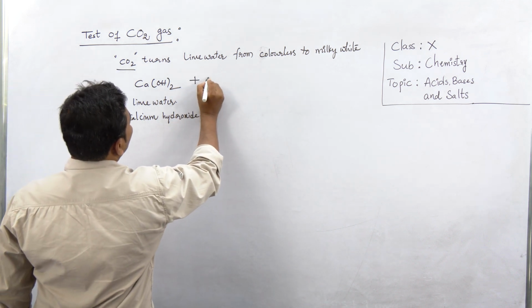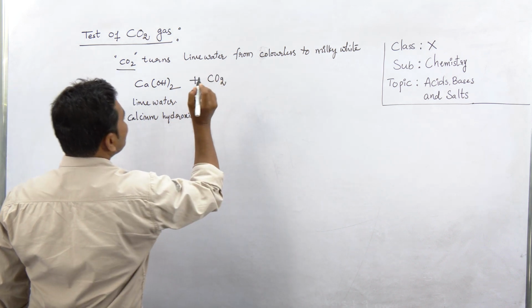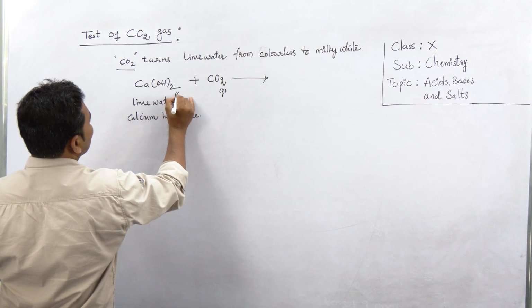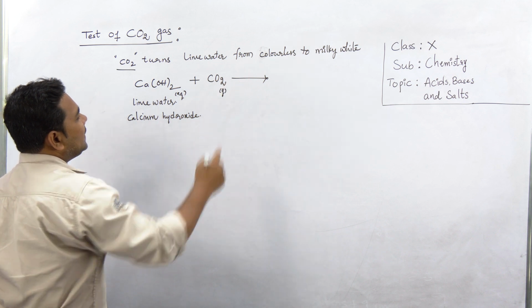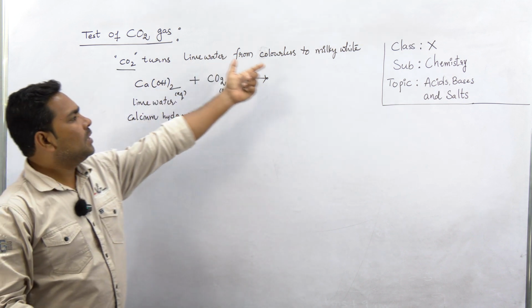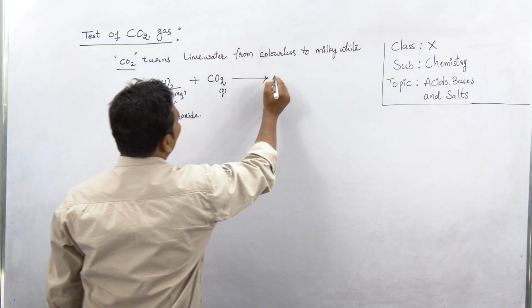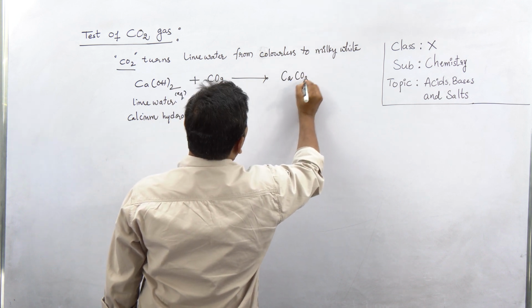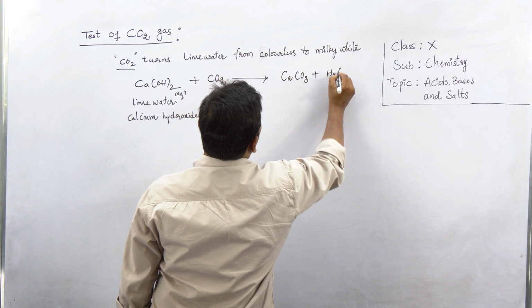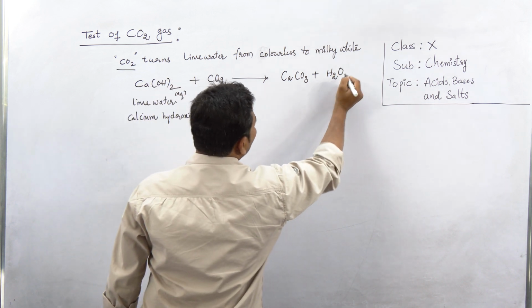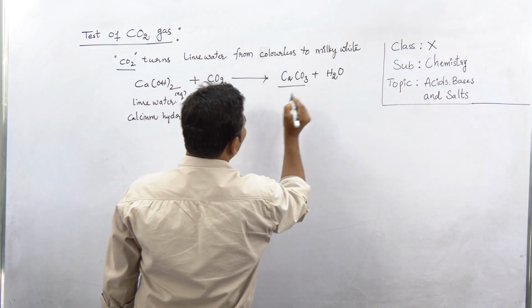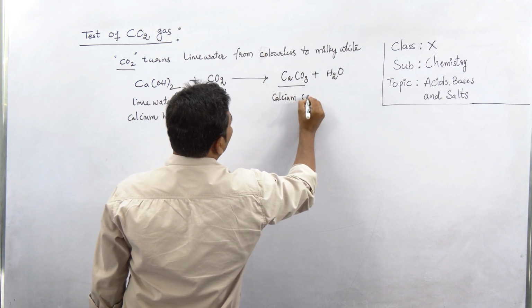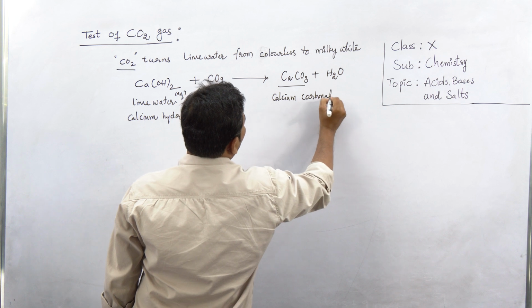This lime water, on passing CO2, carbon dioxide gas, in aqueous solution, what happened? It turns from colorless to milky white. What is that milky white substance? It is CaCO3 plus H2O. H2O means water, we know, and this CaCO3 is called calcium carbonate. This is the milky white substance formed.